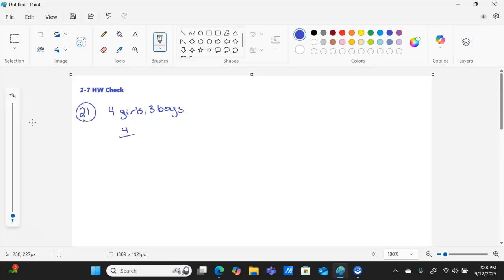So there's a 4 out of 7 possibility that the first draw is a girl. And then if that first draw is a girl, then there's only 3 girls' names left in the bag, and there's only 6 people total. So this will reduce to 1/2, and then that 2 will go into 4. And so I end up with 2/7 on that one.